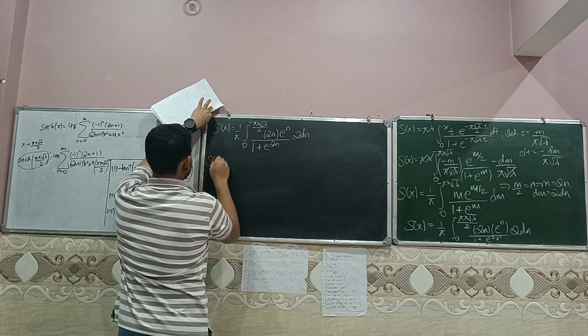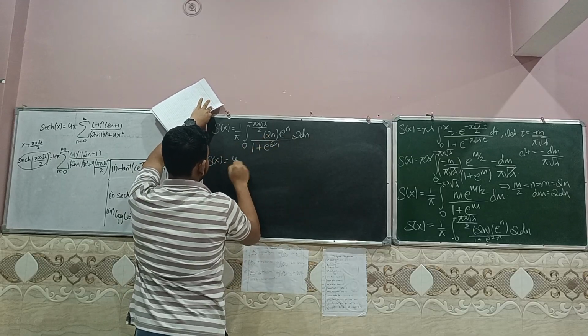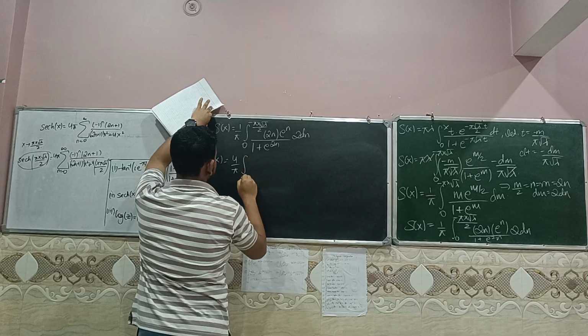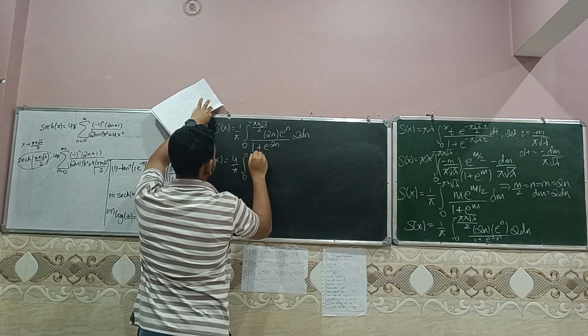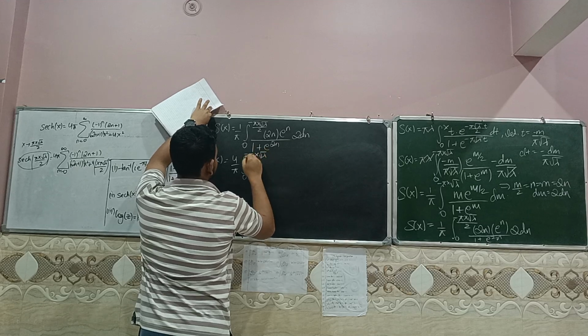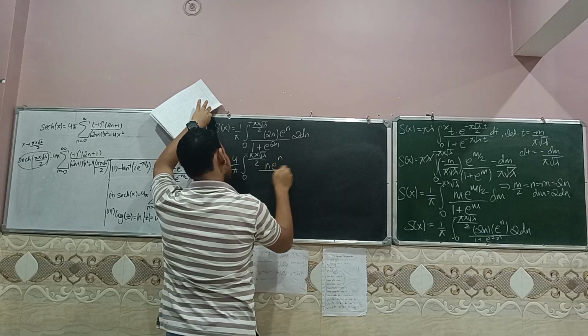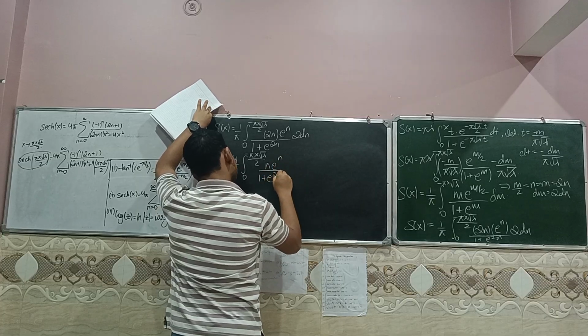So s of x becomes, 2 times 2 comes out of the integral, so 4 over pi times the integral from 0 to negative pi x square root of lambda over 2, and this becomes n times e to the n over 1 plus e to the 2n dn.